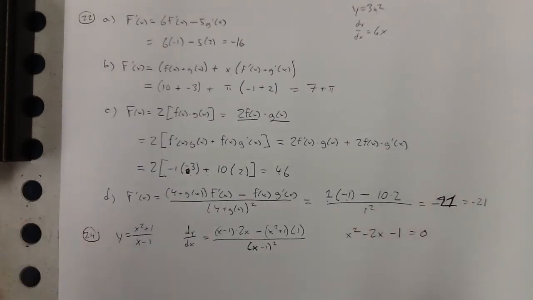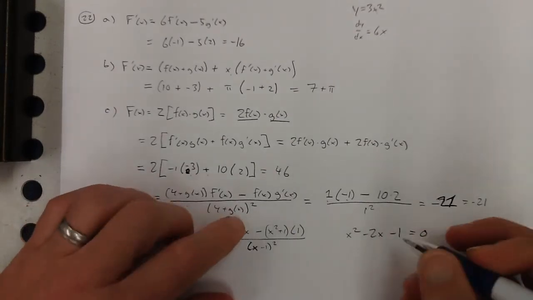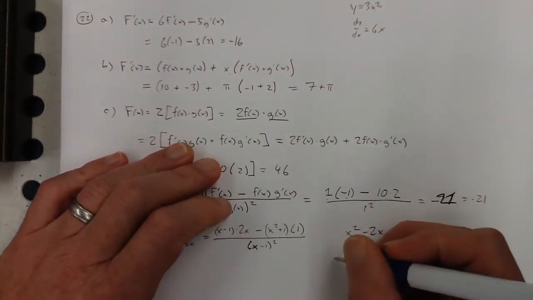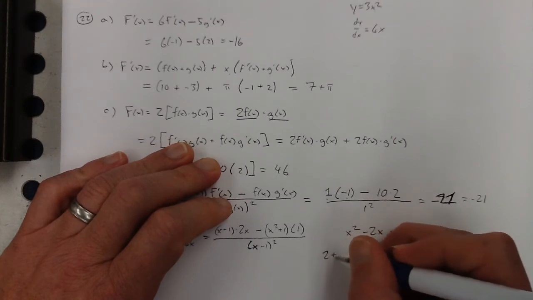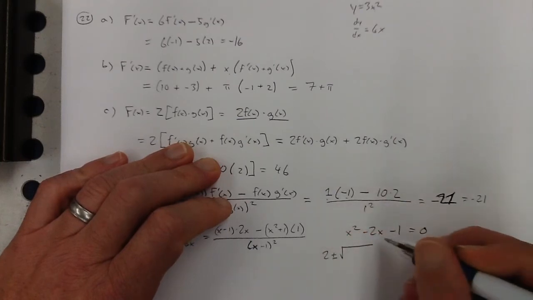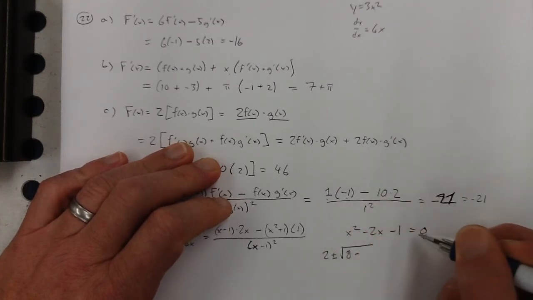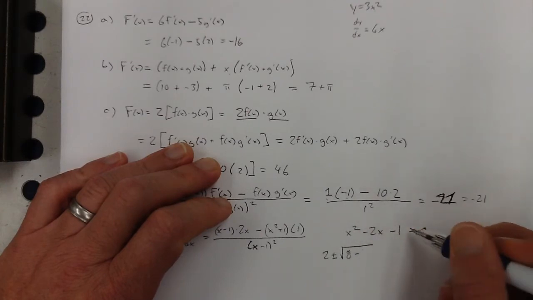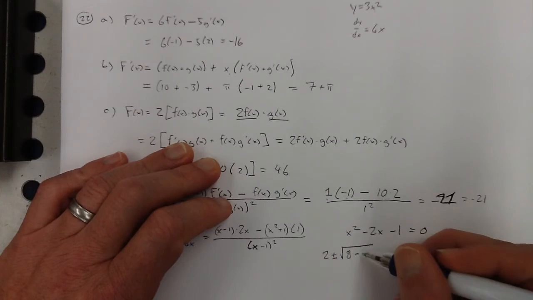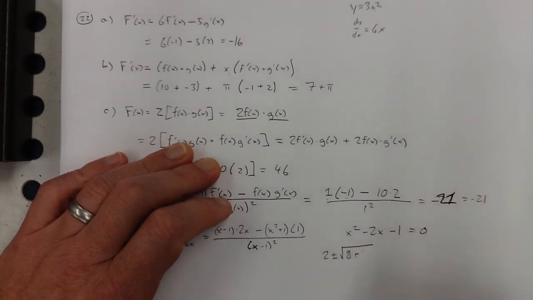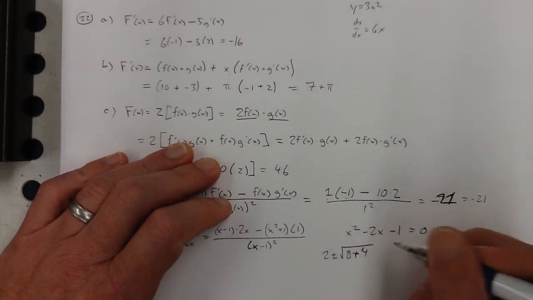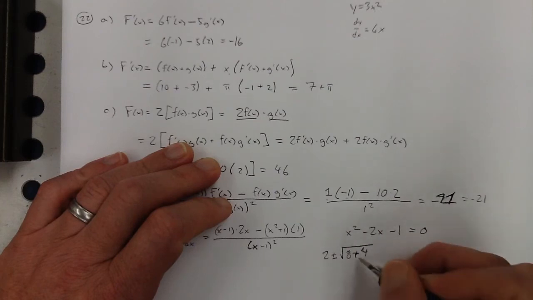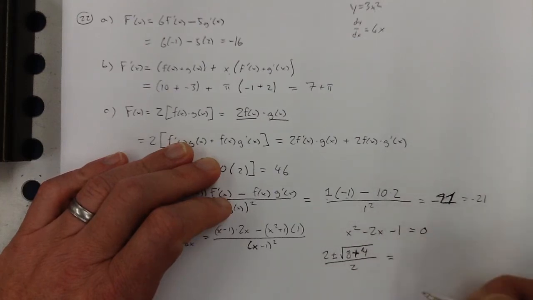A little bit of inspection here. That's not going to factor. So better quadratic formula it. Opposite of b plus or minus the square root of b squared minus 4ac. Oh, minus 4ac, so that turns into plus. There we go. All over 2a.